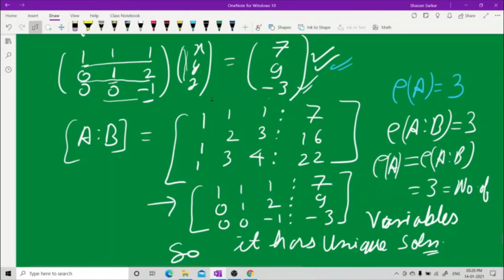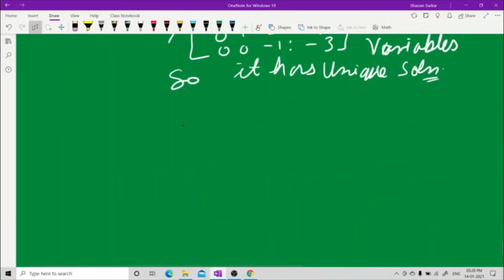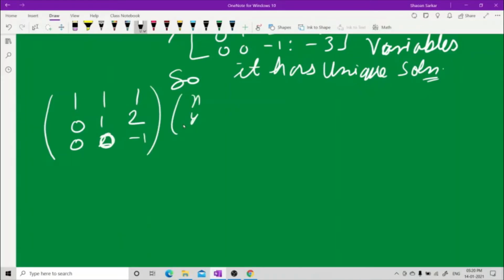This is 1, 1, 1, then 0, 1, 2, then 0, 0, minus 1, times x, y, z, equal to 7, 9, 3. Sorry, 7, 9, and minus 3.